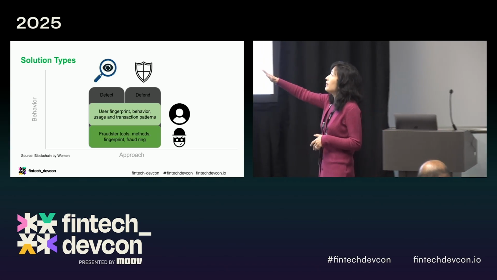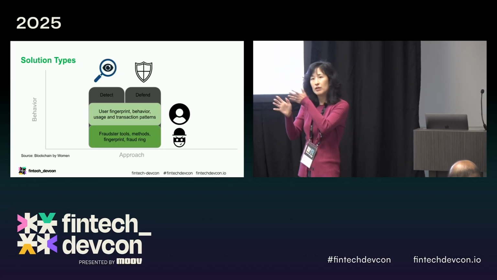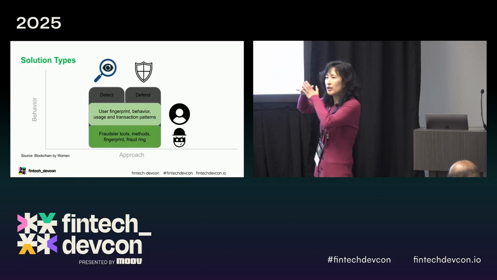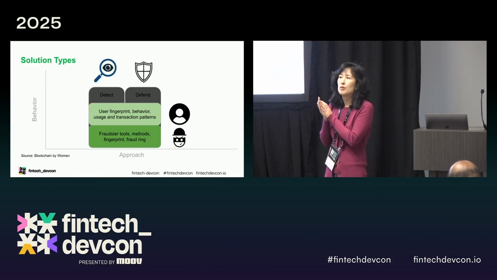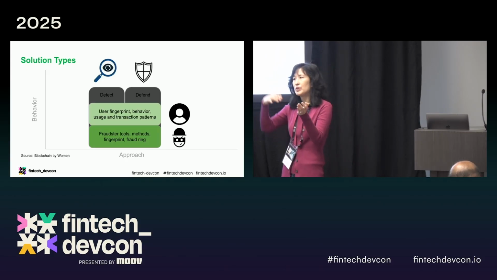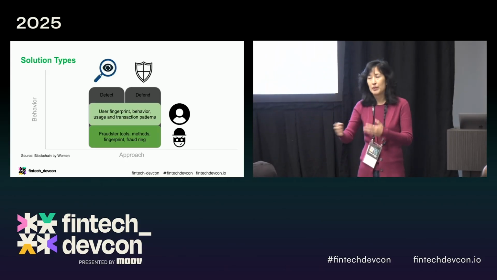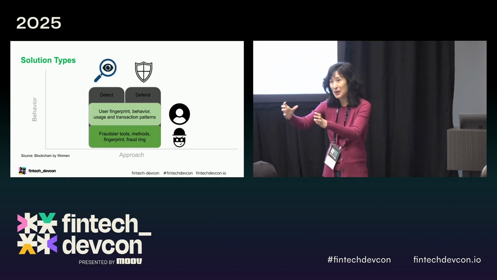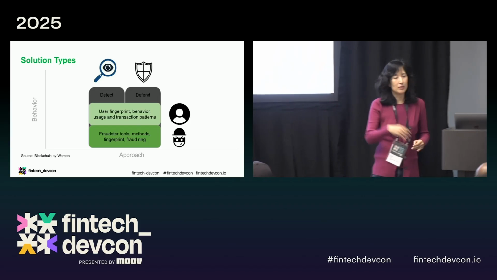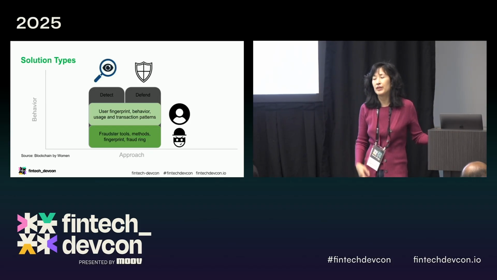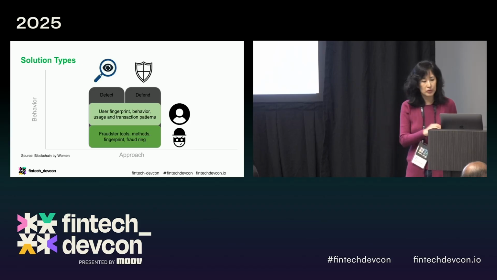And then combine that detection approach with active defense. Because if you can detect, but you don't have an active defense, and the active defense is immediate, before the funds are moved, then it doesn't matter, because once the funds are moved, the damage has been done.